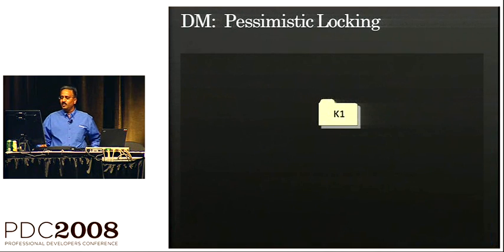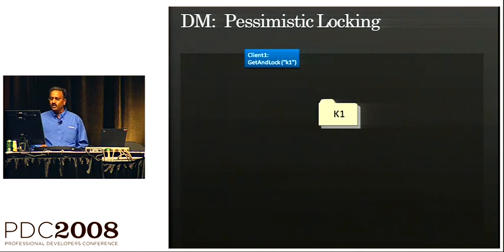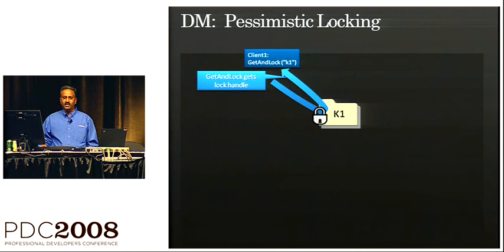We do supply pessimistic locking where you do want to lock things. Let's say I have a folder, and I have a K1 item. Client 1 gets it and puts a lock on it. This is pessimistic concurrency control, where you read it but put a lock.